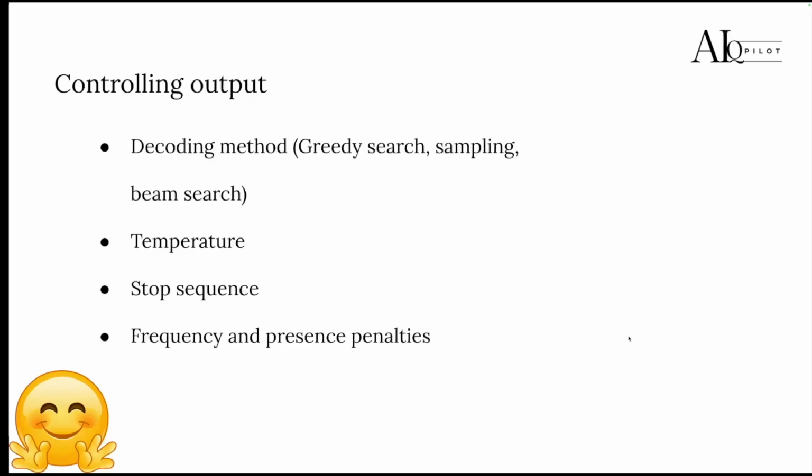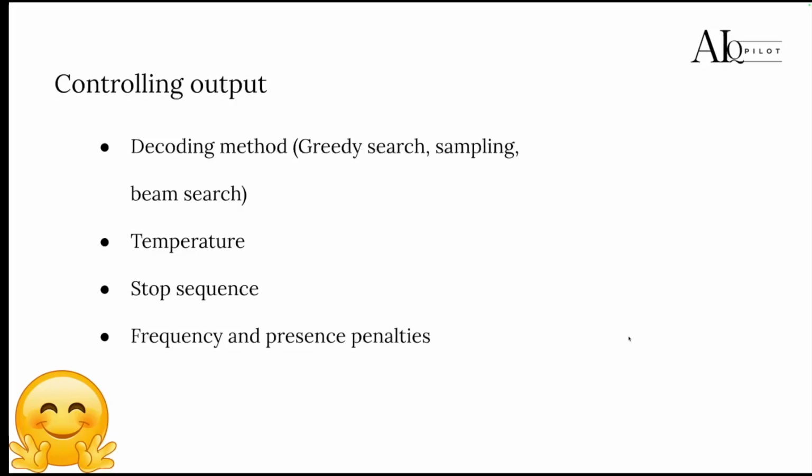This method is pivotal when the foundation model is determining how to select the output. Things like greedy search, sampling, and beam search are different types of decoding methods that can be used to control the output of the foundation model.